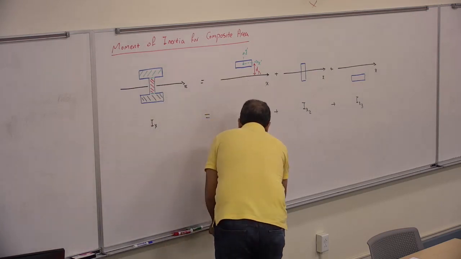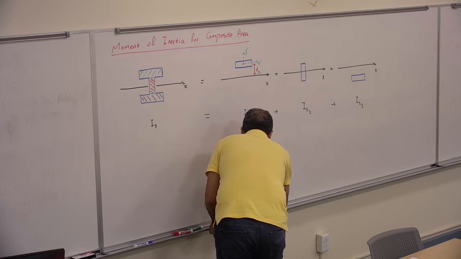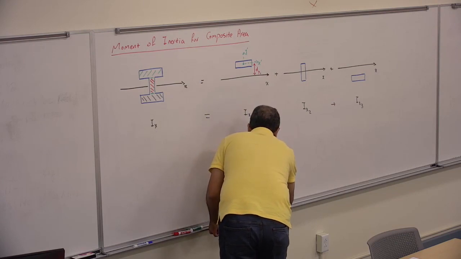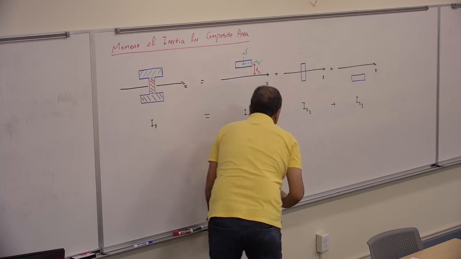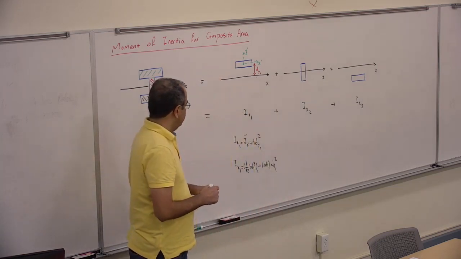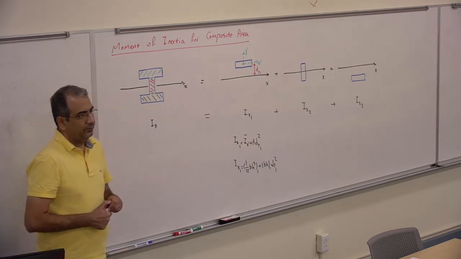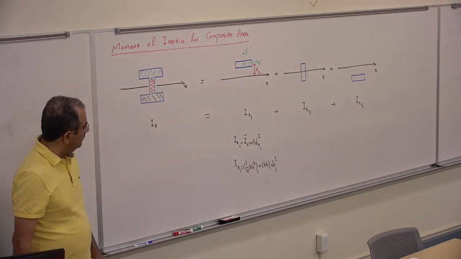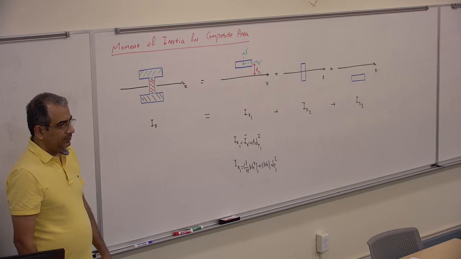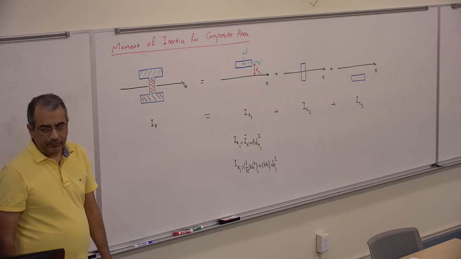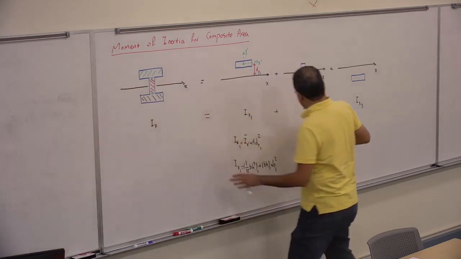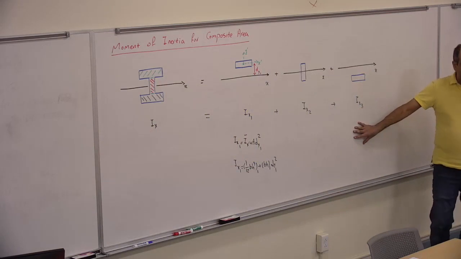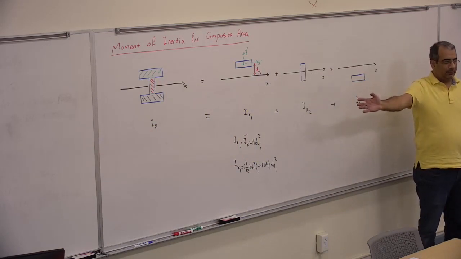So it's going to be 1/12 of BH cubed for the one plus the BH for the one dy for the one. Right? So I will find this one, I will find this one the same way, and then I will add them together.